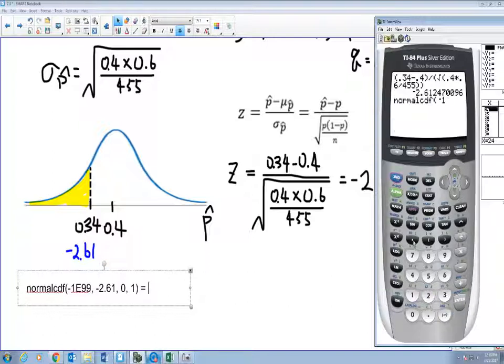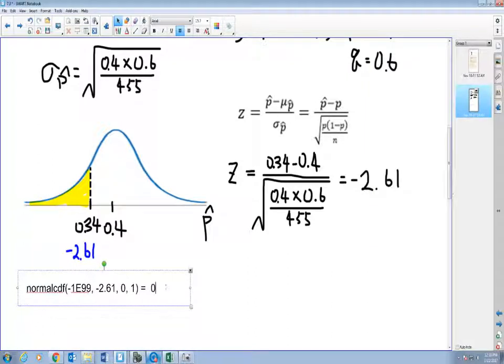Negative 1E99, comma, 2.61, comma, 0, comma, 1. Very tiny. 0.0045. So there is less than a 1% chance that 34% of people or less will have Crohn's disease. So the probability is real small.